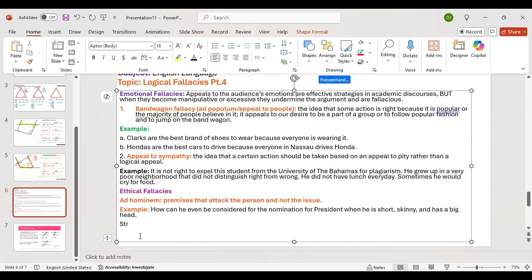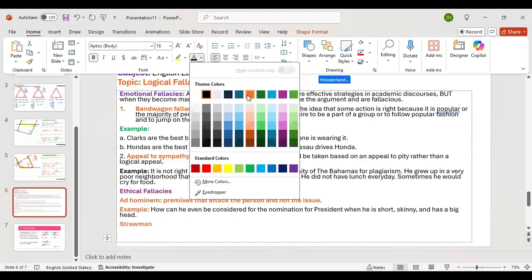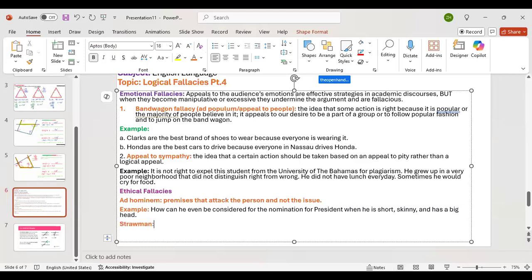Straw man attack. Straw man is another fallacy. Okay. So when you are making your point, you don't descend into attacking the person, right? You attack the ideas.